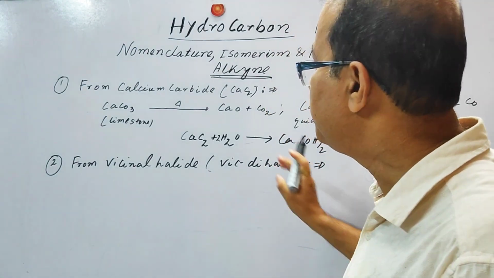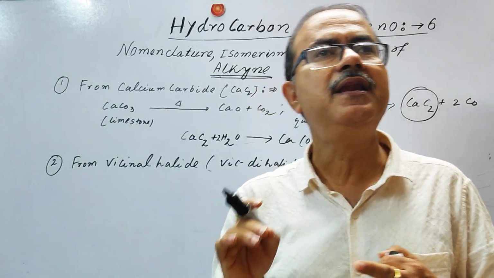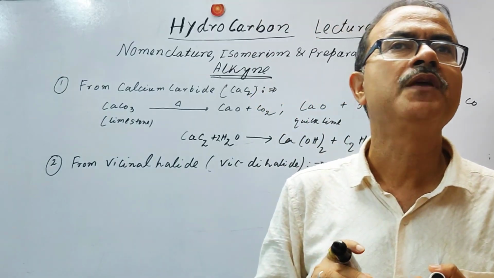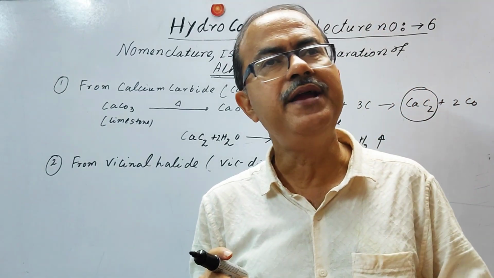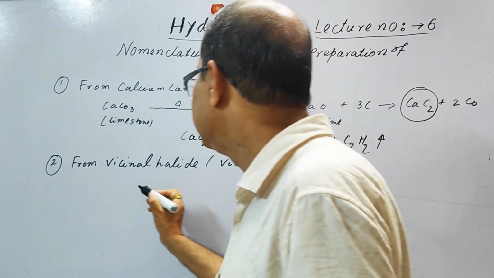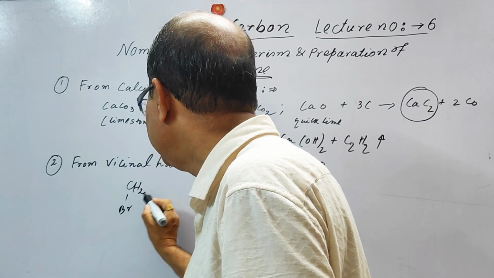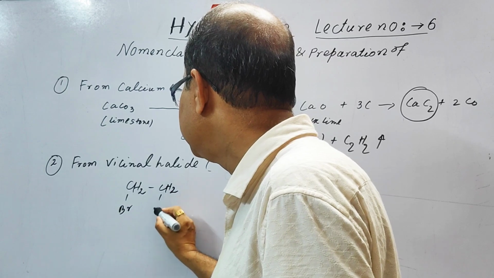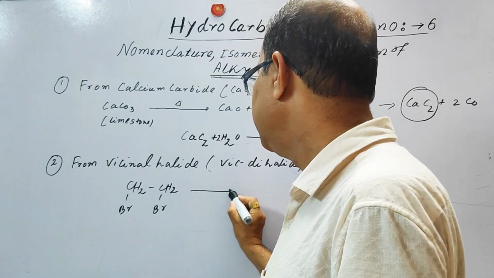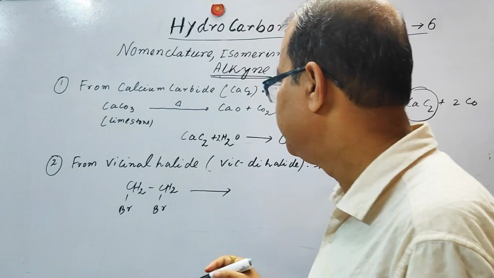Alcoholic KOH, when treated with the vicinal dihalide, first prepares the alkenyl halide, and this halide, when further treated with sodamide, produces the acetylene. We can understand this with the reaction CH2Br, CH2Br, which is 1,2-dibromoethane, a vicinal halide.